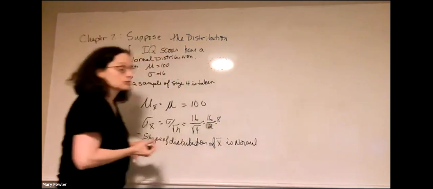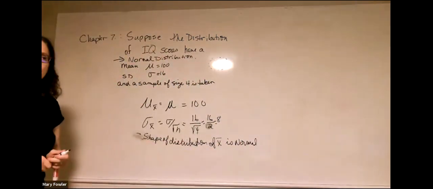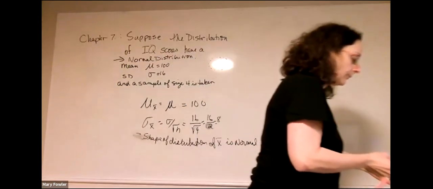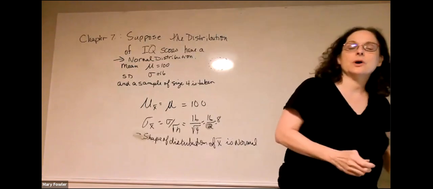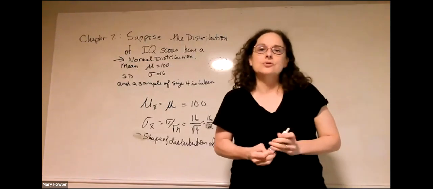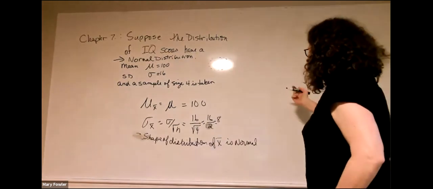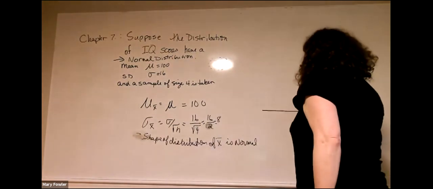Because that was the first row in the table: if the parent population was normal, then for all sample sizes the distribution of X bar is also normally distributed.